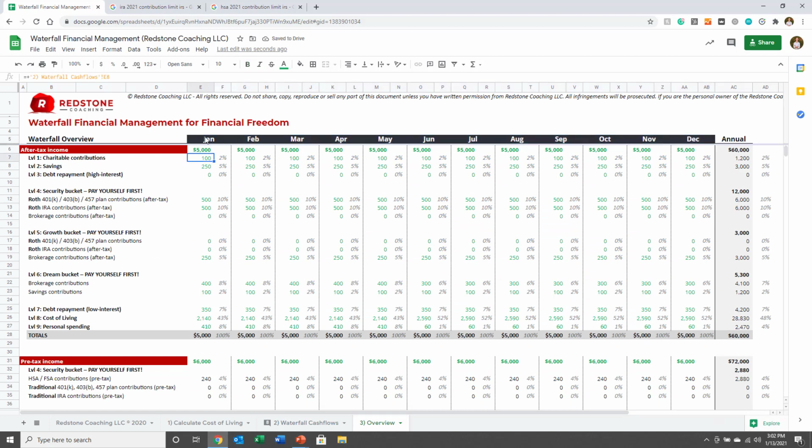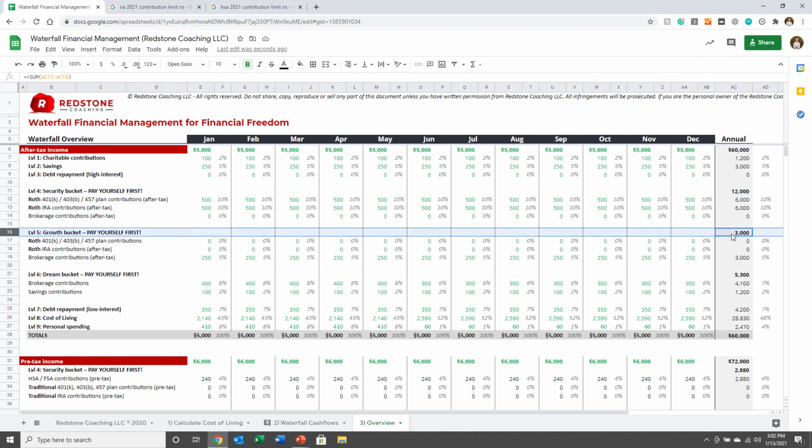All right, so now you can see you have all the months, and then in terms of the snapshot, you can see how much have I put aside all the months of the year for all these different waterfall levels, and your total summaries for the year. So you've invested at the end of the year $12,000 in your security bucket.